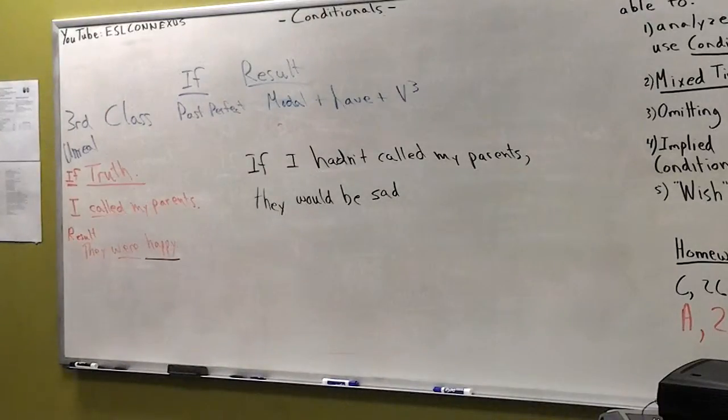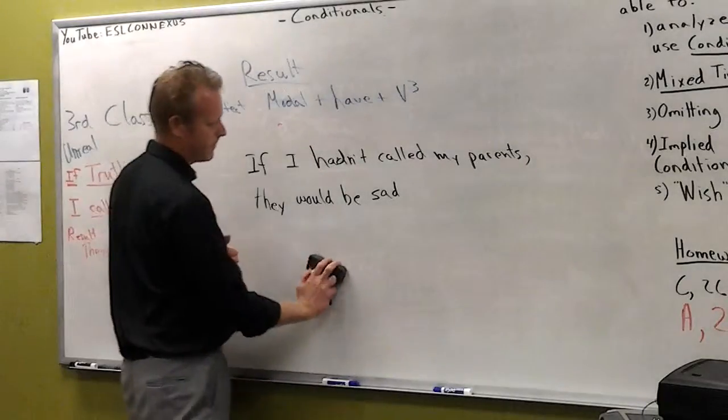Teacher, that's mixed time, right? Can I change and say they were happy? I would have called them. But we have to use the verb have in the result. Oh, wait a minute. Hold on, I made a mistake. You're right, that one is a mixed time.